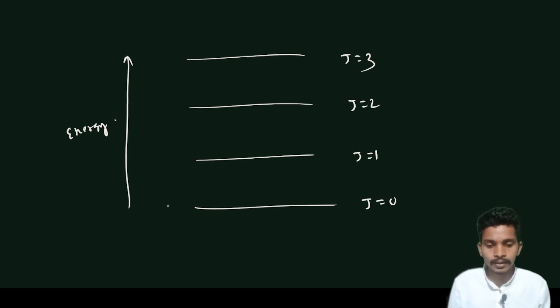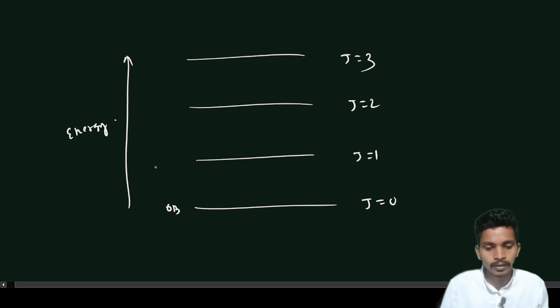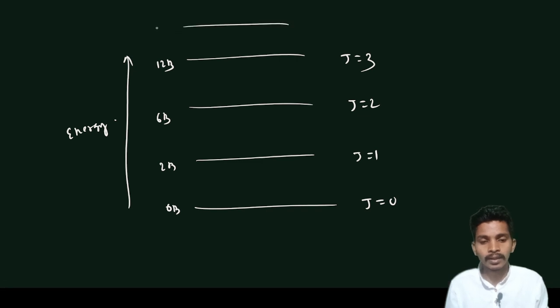Let's say this is 0B, this is 2B, this is 6B, this is 12B, this is 20B, this is 30B, and this is J equal to 4 and J equal to 5.